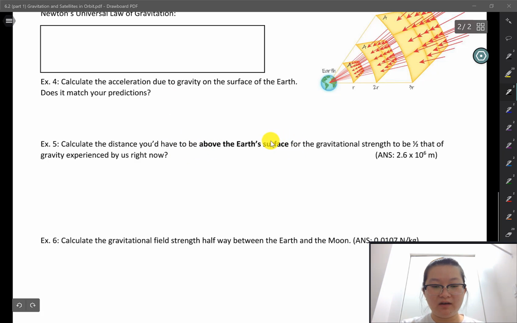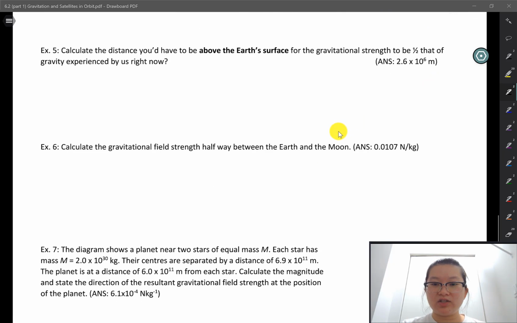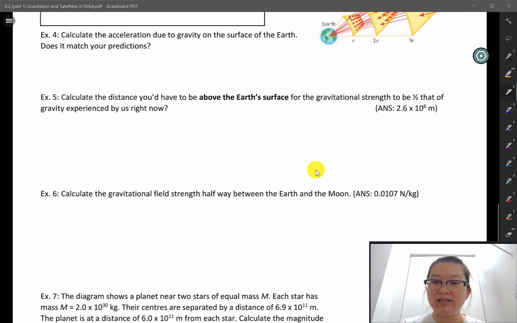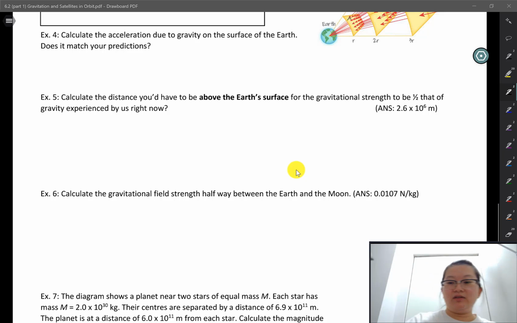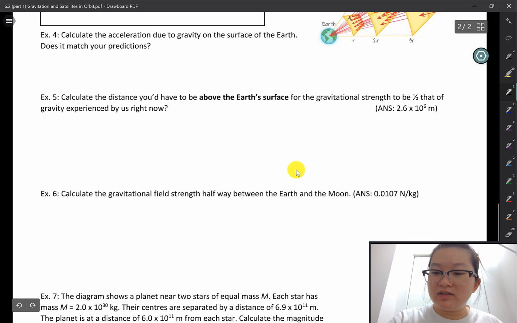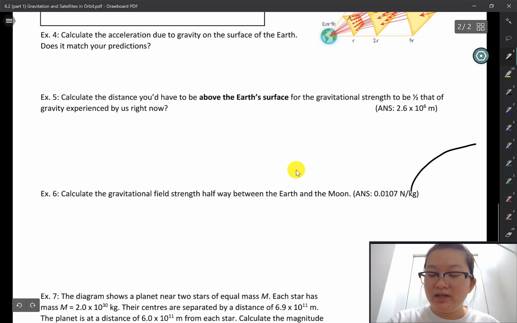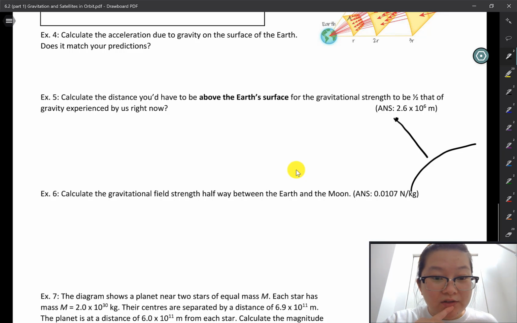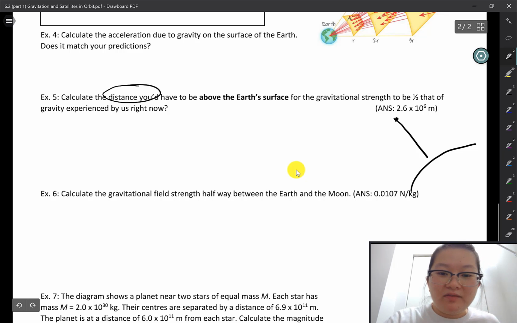You have to be above the Earth's surface for the gravitational strength to be half of that experienced by us right now. Okay, so let's draw a picture, of course. Imagine this is the Earth, and we're going to pick a point somewhere here. You want the distance above your surface.